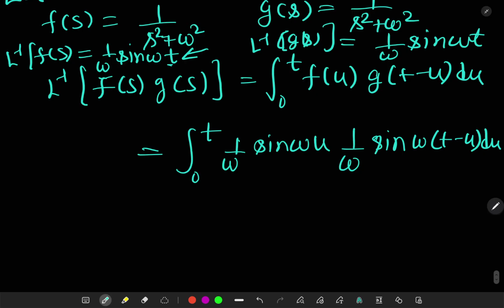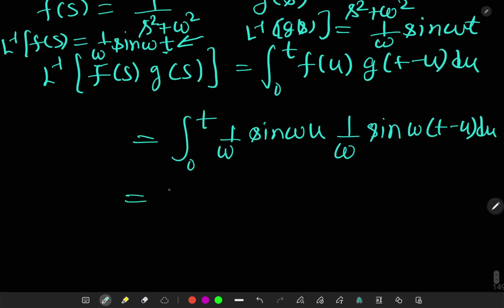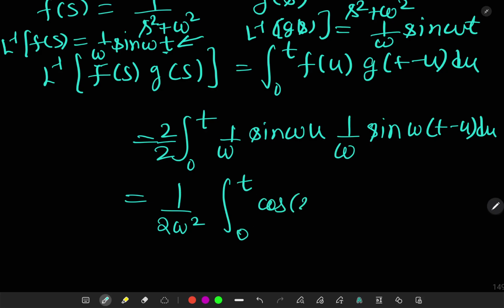Here, using the sin x sin y identity, multiplying and dividing by 2 on both sides, and taking w common inside, the integral becomes this du.